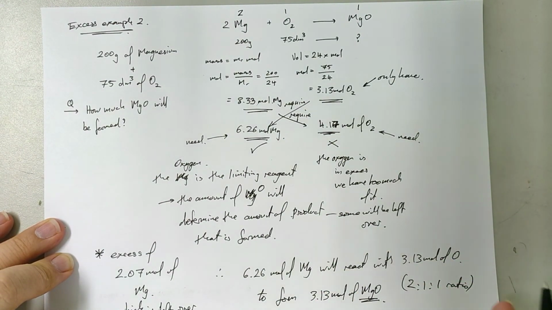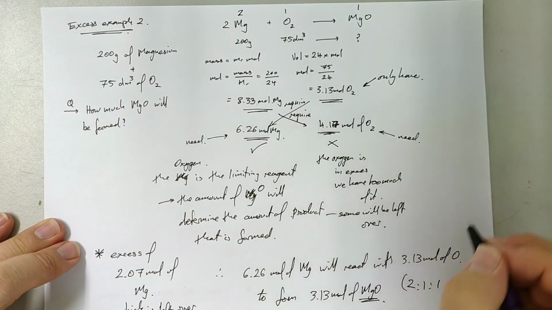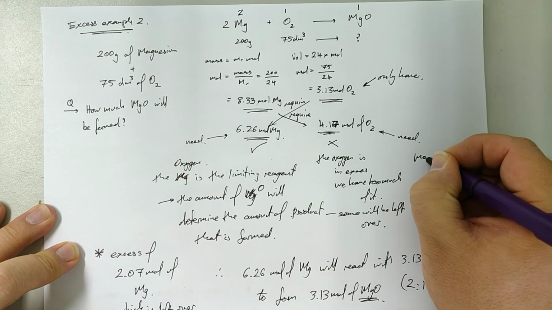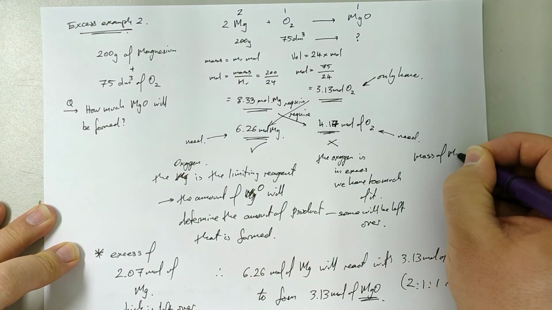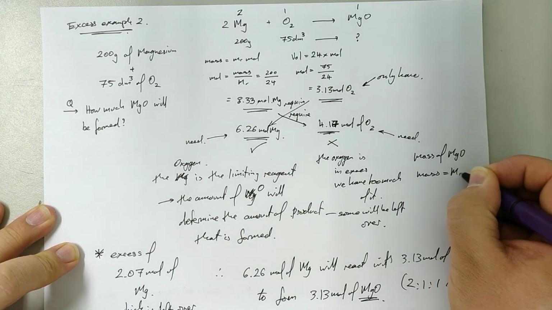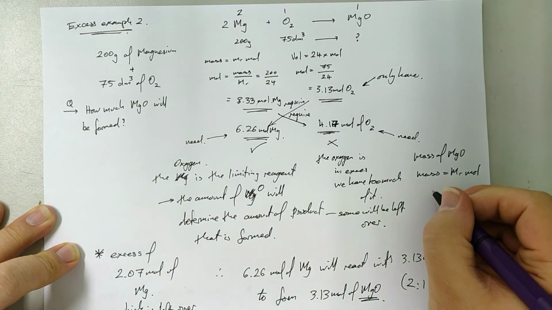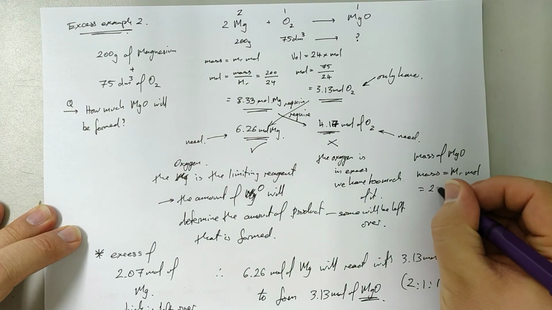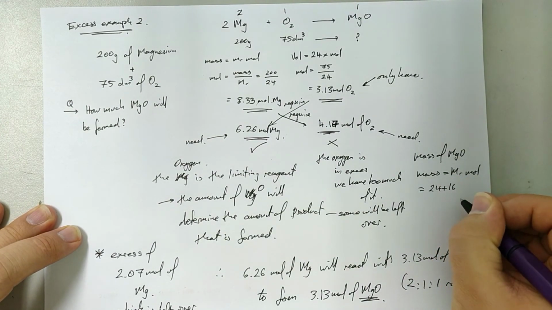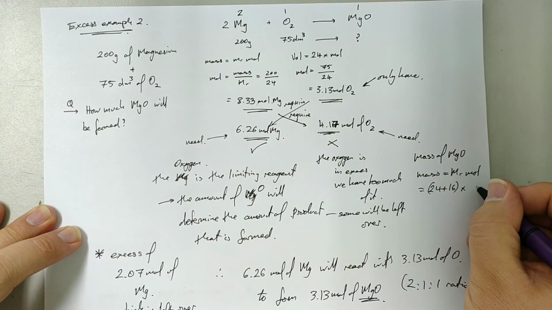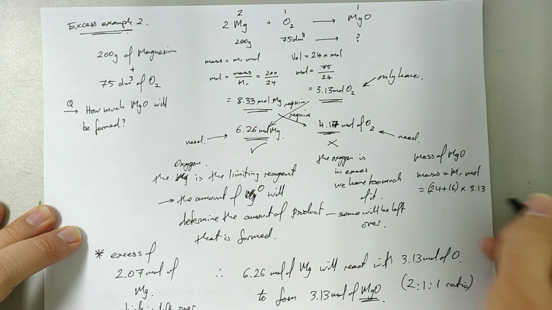Okay, so the mass of MgO, mass is equal to Mr times mole. So that is going to be equal to the Mr, which is going to be 24 plus 16, times 3.13 moles.